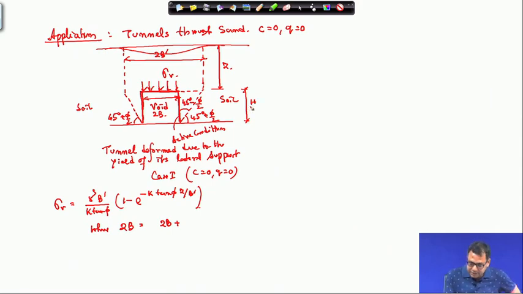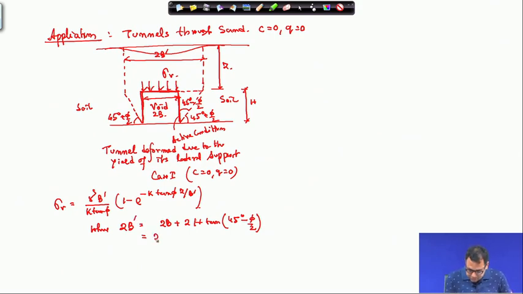This height is h, and this angle is 45 degree minus phi by 2. So this portion will be h tan(45 degree minus phi by 2), and that will be twice this side and this side. So 2b plus twice h tan(45 degree minus phi by 2), or I can write that this is twice b dash.